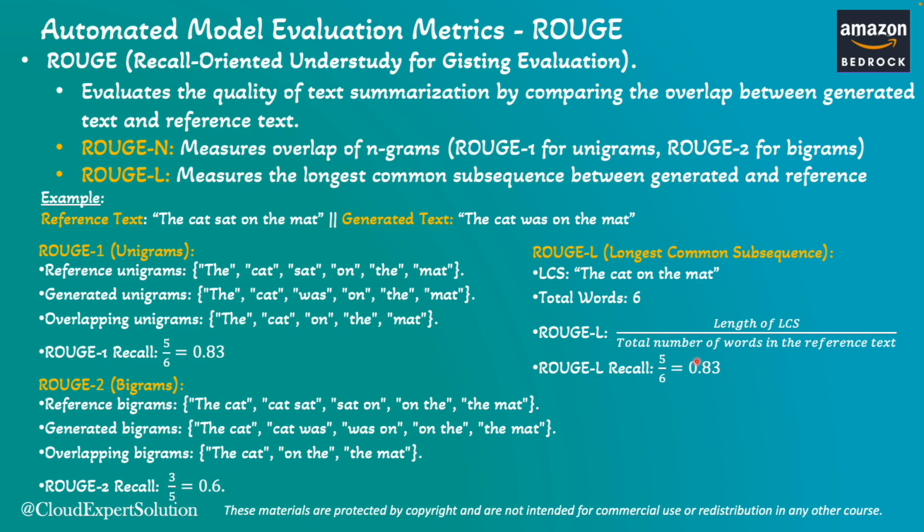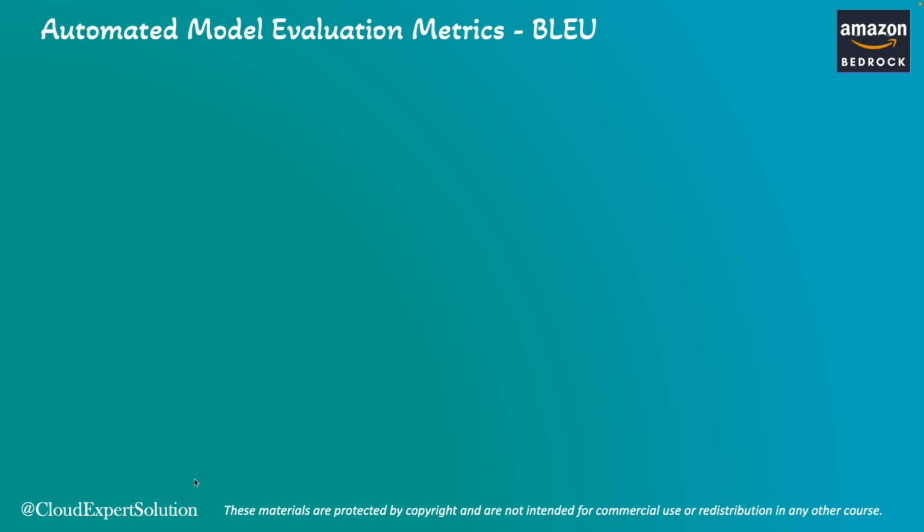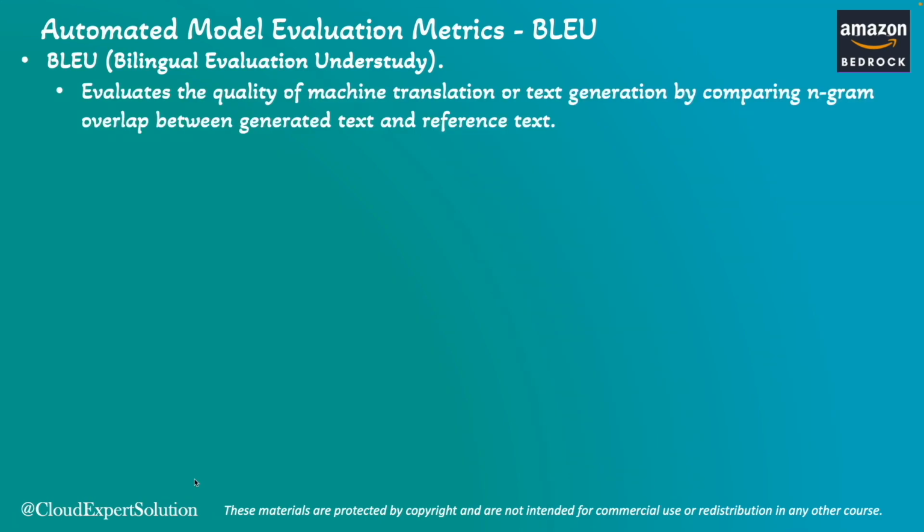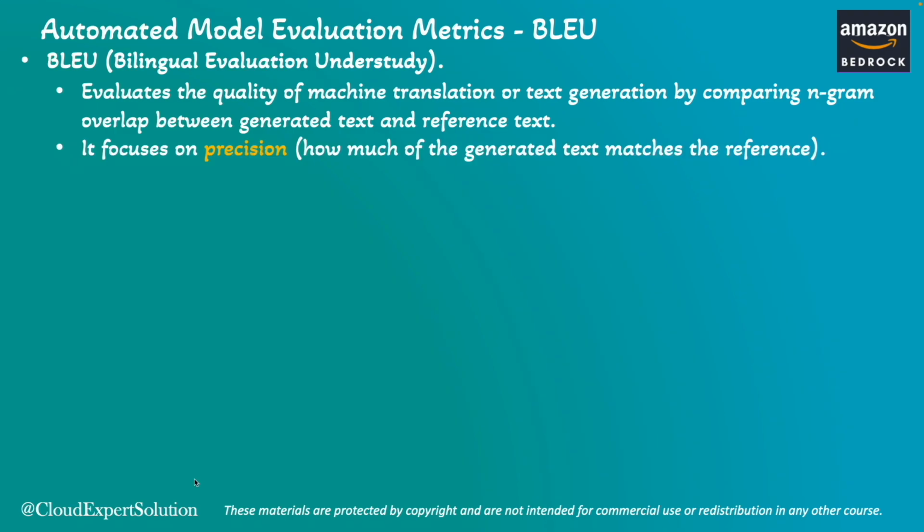The next evaluation metric is BLEU, and the full form is Bilingual Evaluation Understudy. BLEU is used to evaluate the quality of machine translation or text generation by comparing n-gram overlaps between the generated text and the reference text. It focuses on precision, that means how much of the generated text matches the reference.